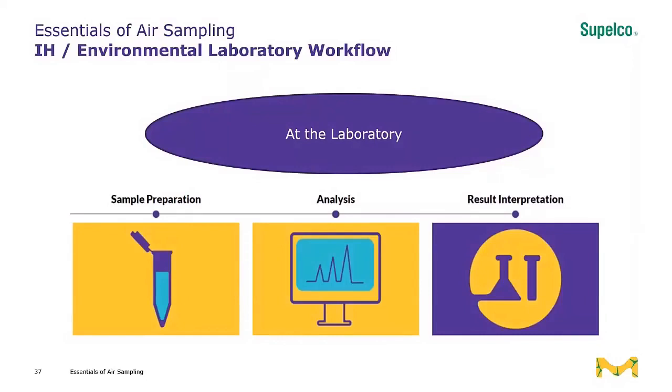So for products that require solvent desorption, there is a sample preparation step that needs to occur before they can move on to analysis. For products like thermal desorption tubes that do not require a sample preparation step, they still have all the same check-in criteria. However, they can go to analysis more quickly.